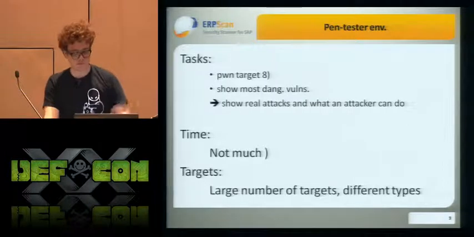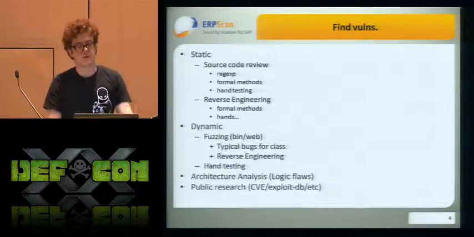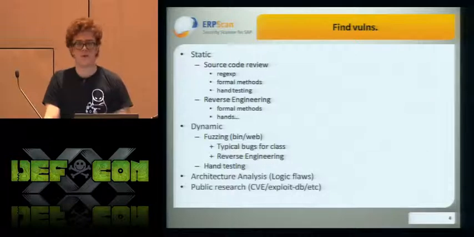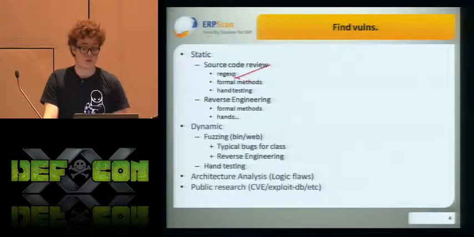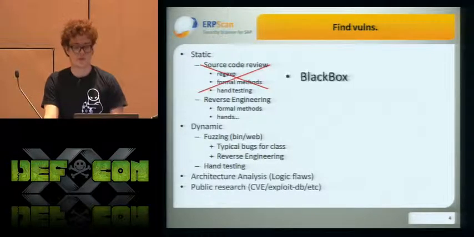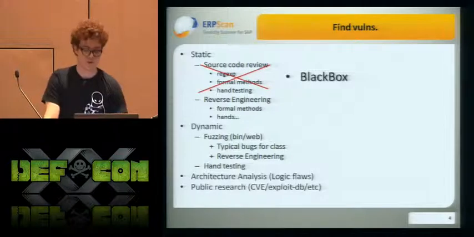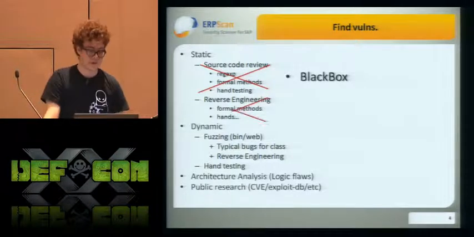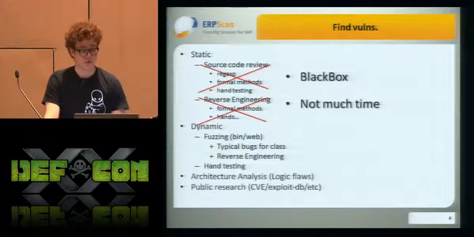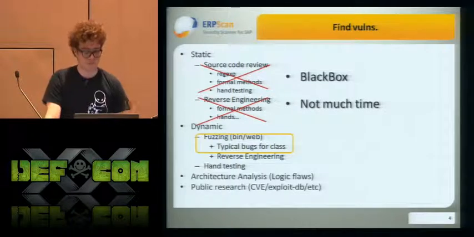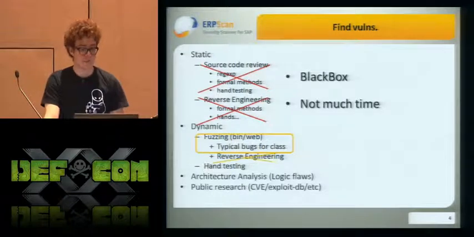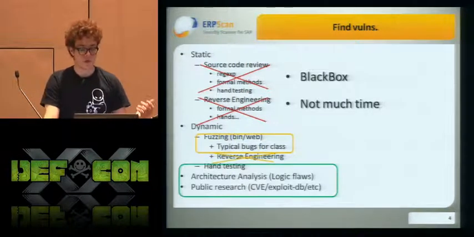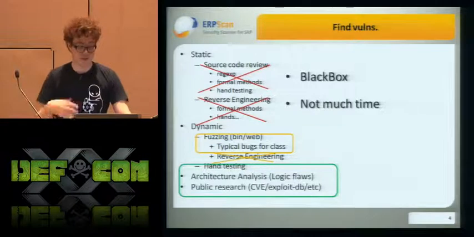It's limited. So we can't use all bug hunting methods like source code review, because it usually takes a lot of time and we need the source. Reverse engineering, the same reason. We could use a little bit of fuzzing if we have a web app or binary. Anyway, usually we can use logic, looking for logic flaws, searching for bugs and public research.